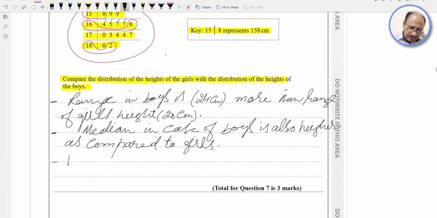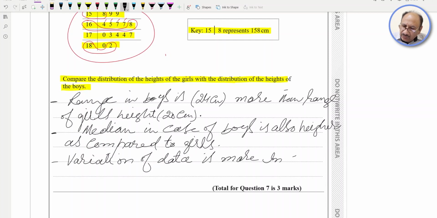So we can write: variation of data is more, because 24 is the range, right? So variation of data is more in case of boys than in girls.